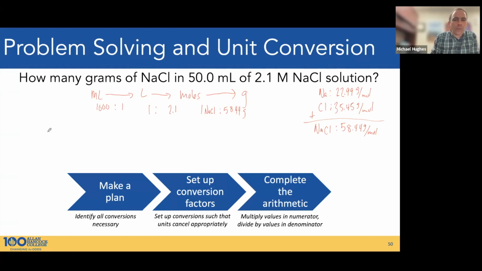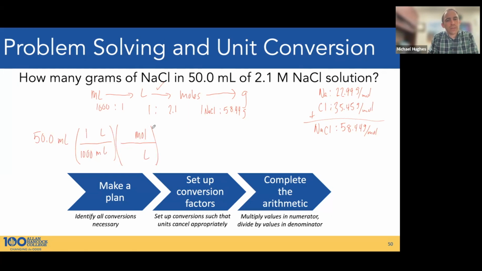So there are relationships based on our information, and now we can go. Start with what we know, which is 50 mils of our solution. We need to get to liters so we can use our first pass-through unit. So we want mils to cancel, liters to come out. In every 1 liter, there's 1,000 mils. Then we want liters to cancel, and we care about moles.